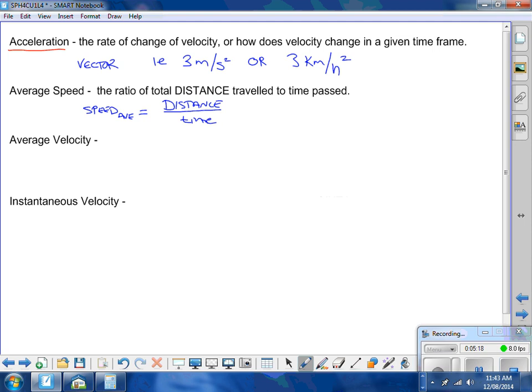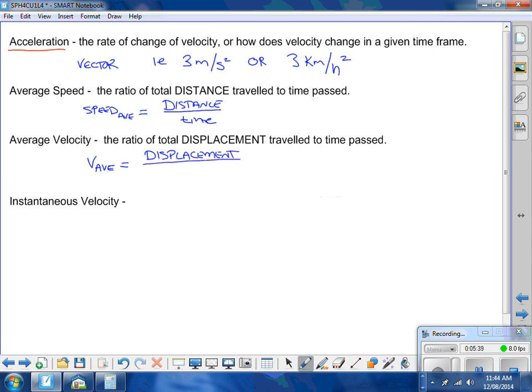And that will give you kilometers per hour or meters per second. So that's your average speed. Now your average velocity is the same thing, but it's the ratio of displacement with how much time. So V average equals displacement over time.